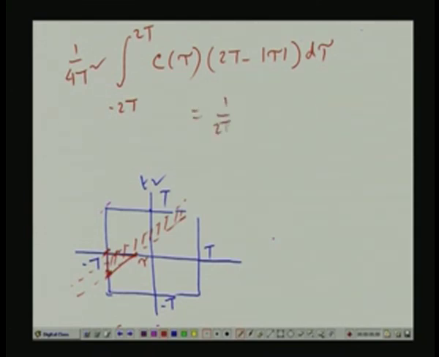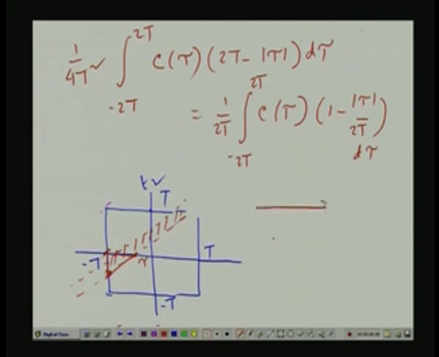So, you write 1 by 2 T. So, if this quantity tends to 0 as T tends to infinity, then mean ergodic.